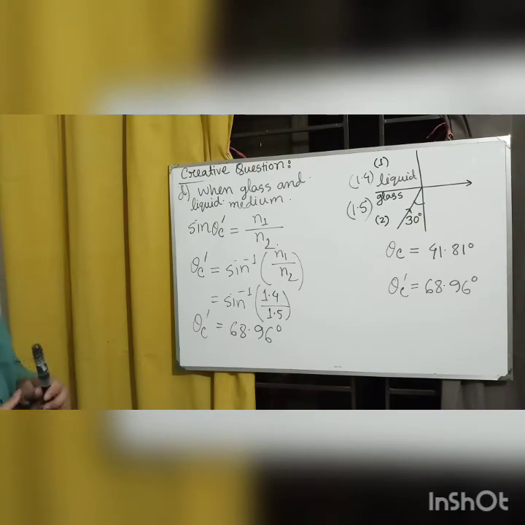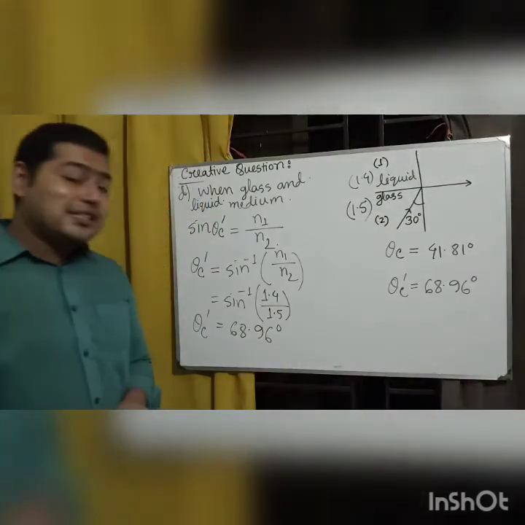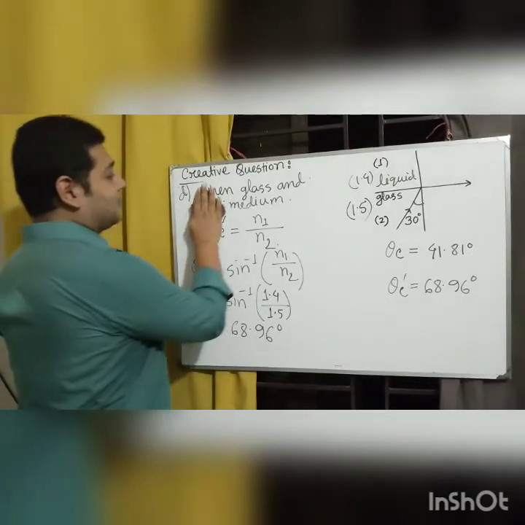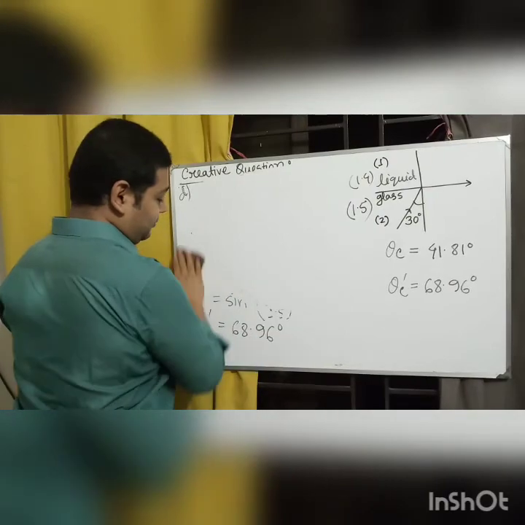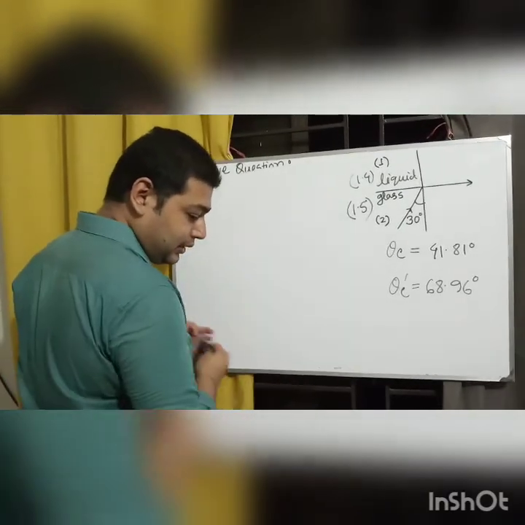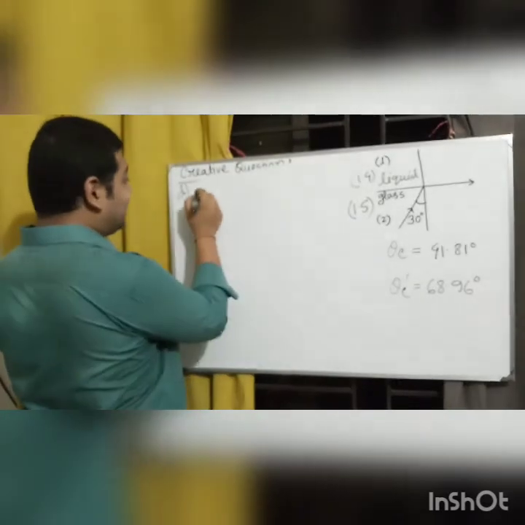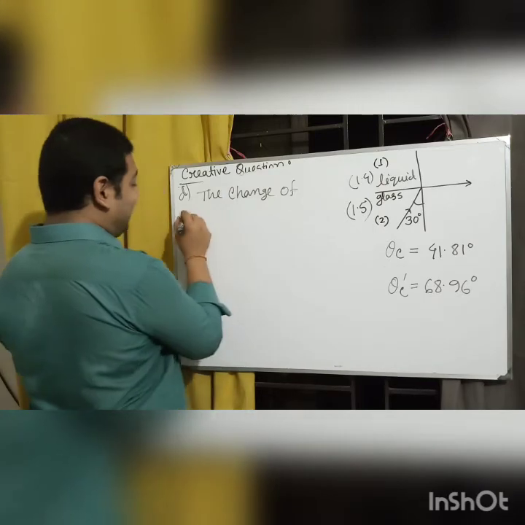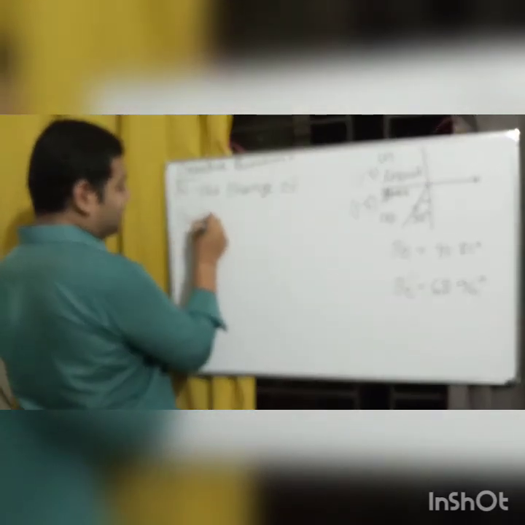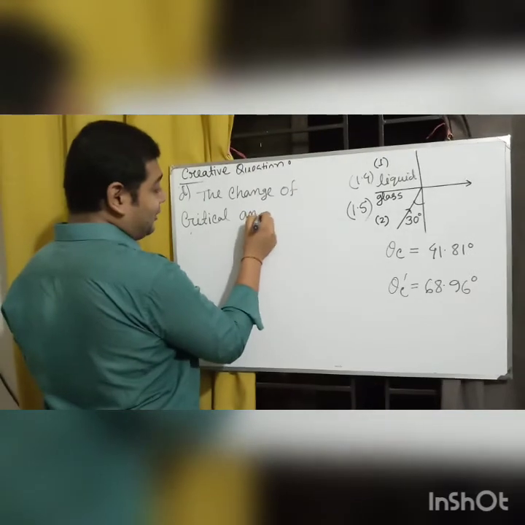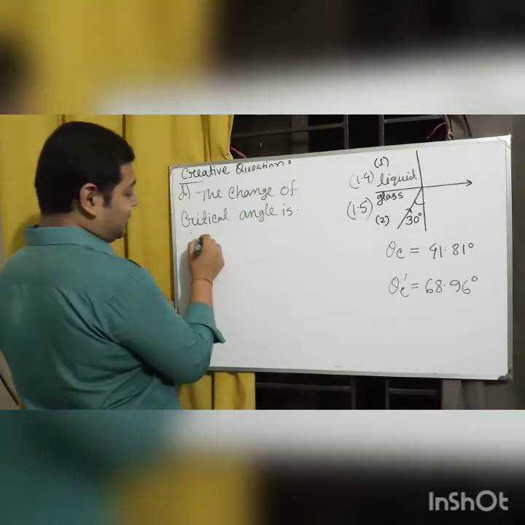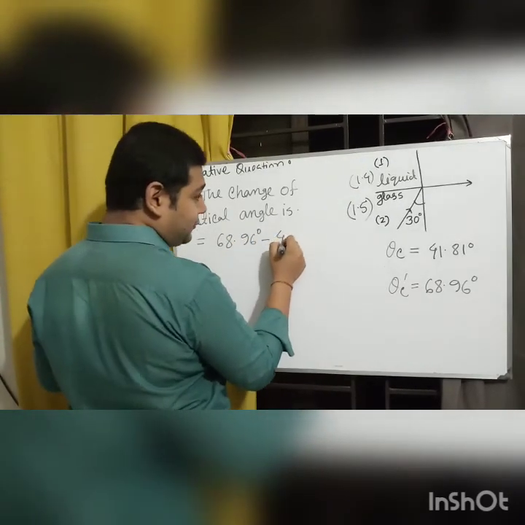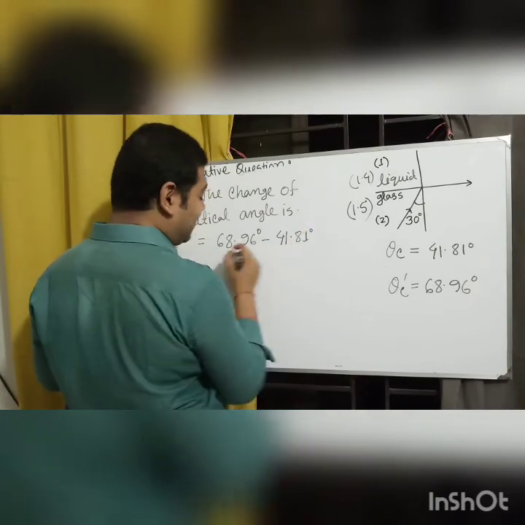Now we need to determine the change of critical angle. The change of critical angle is equal to 68.96 degree minus 41.81 degree.